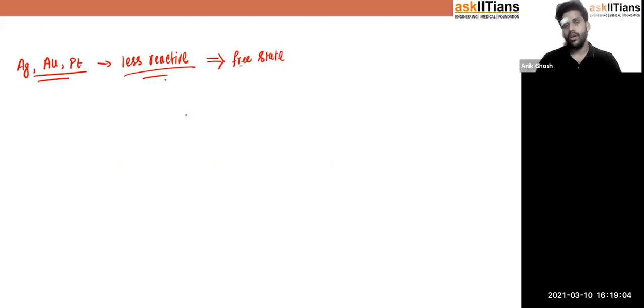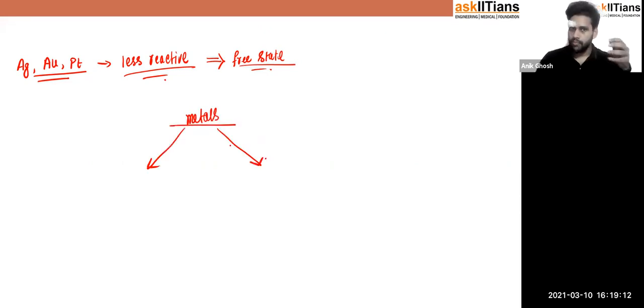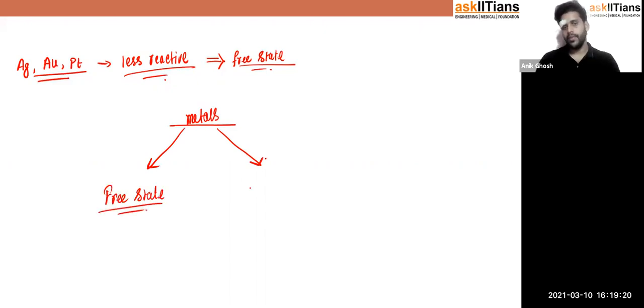Look, all the metals can be there in nature in two ways. One is the free state, and another one is the combined state.